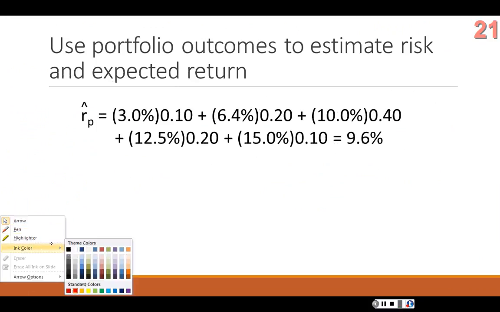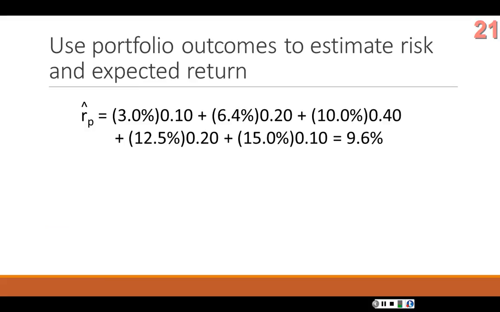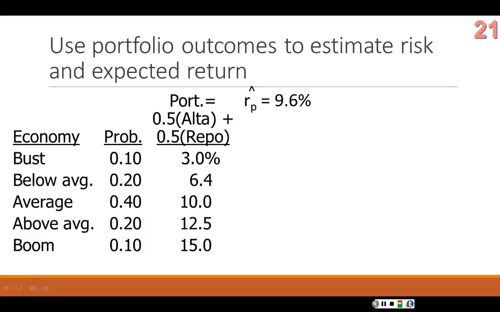I know it's difficult sometimes to just look at a formula and see where it came from. So I modified this slide a little bit to make it easier to read. And we see that the portfolio we just calculated had an expected return of 9.6%. So we can calculate the standard deviation of the portfolio.